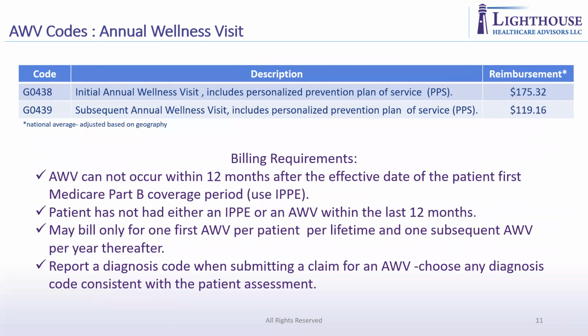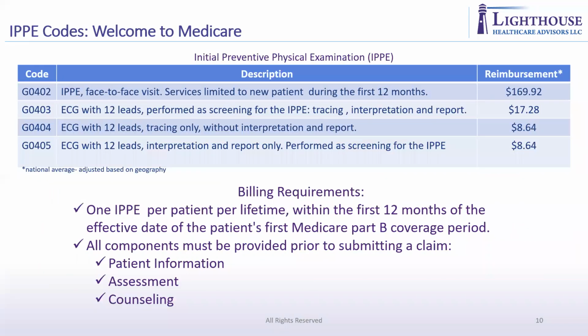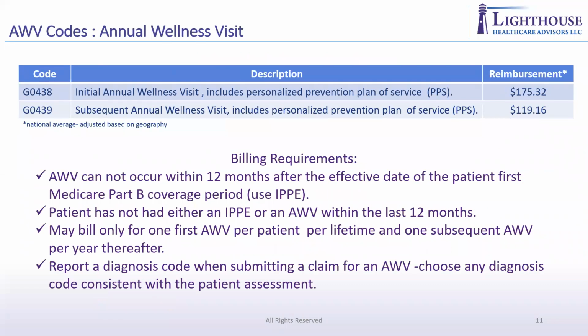So the G0438 is your initial annual wellness visit, not to be confused with the IPPE, or initial preventative physical examination. So the initial annual wellness visit is the first formal AWV, which is going to include your personalized preventive plan of service. This is going to occur ideally in your second year of Medicare enrollment, right?